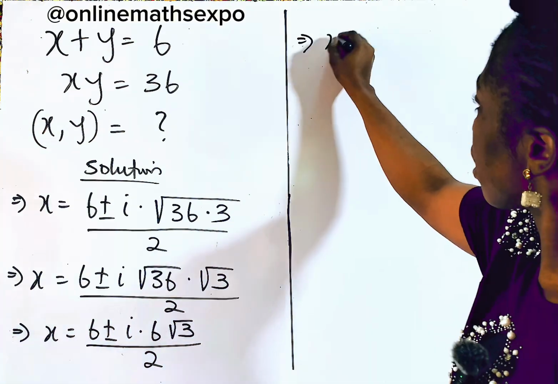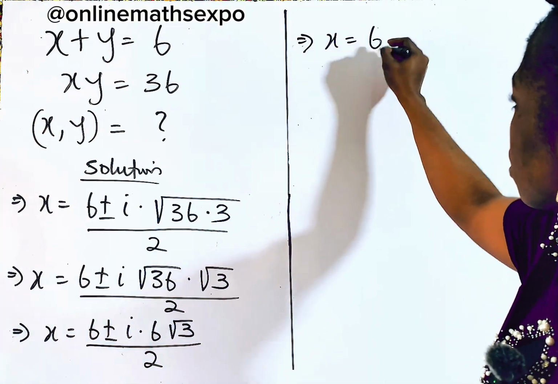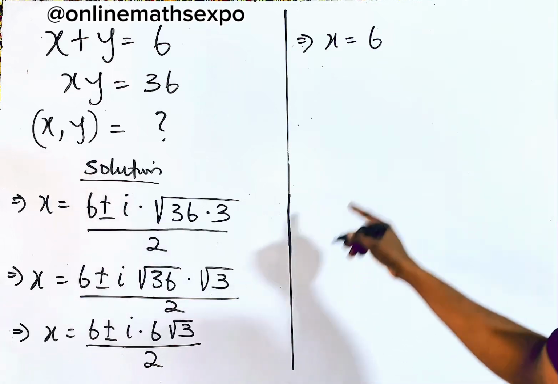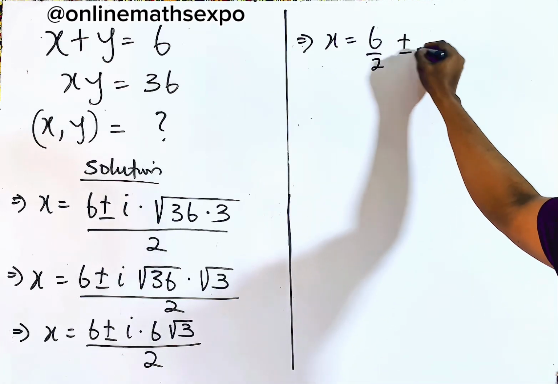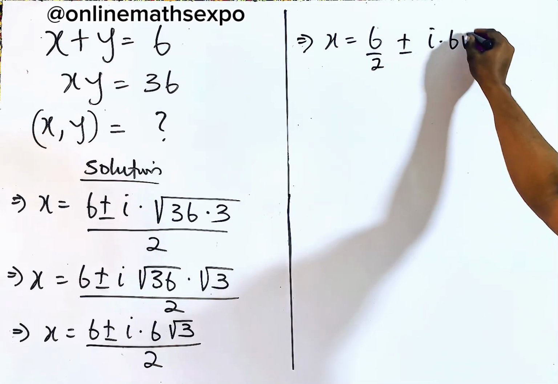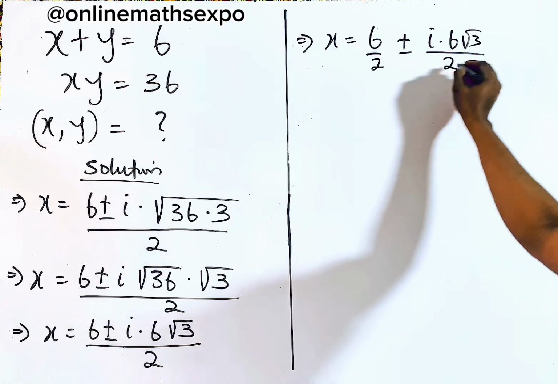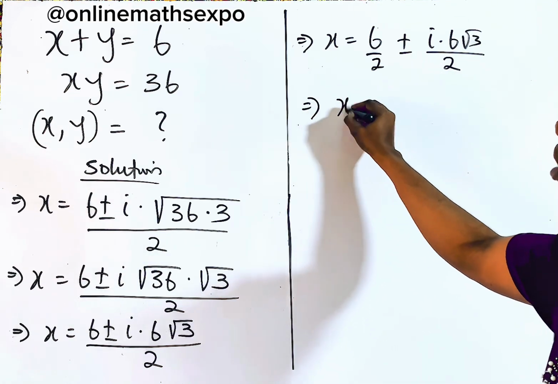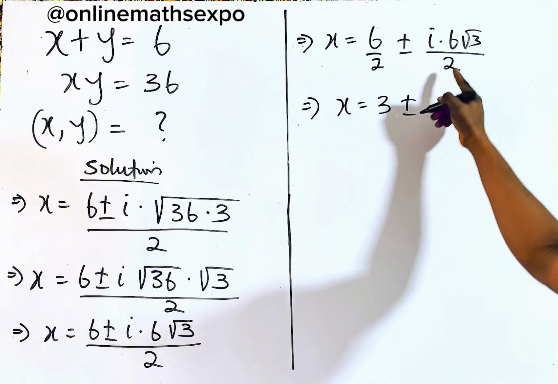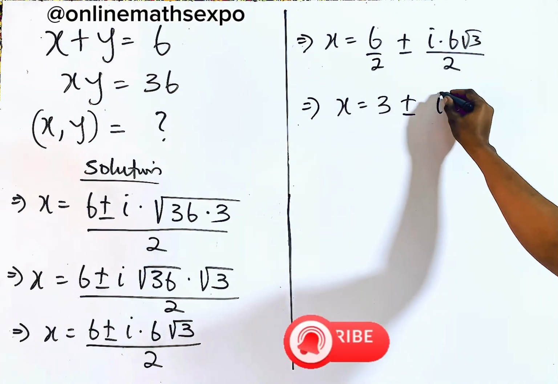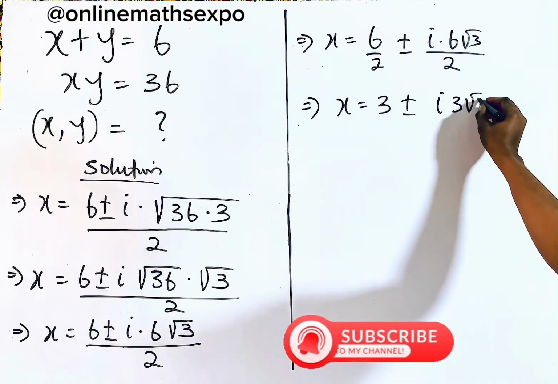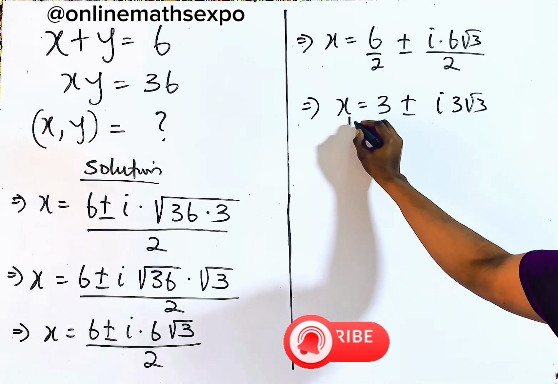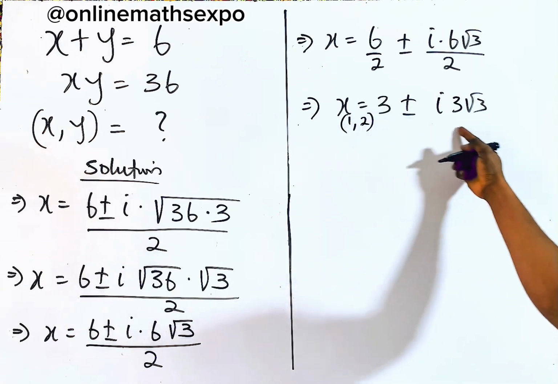Keep solving. x is equal to 6. Use this 2 to divide each of the numerators. Plus or minus i, 6 root 3 divided by 2. So we have x is equal to 3 plus or minus, divide this, you have i 3 root 3. Now this is the first and the second value of x.